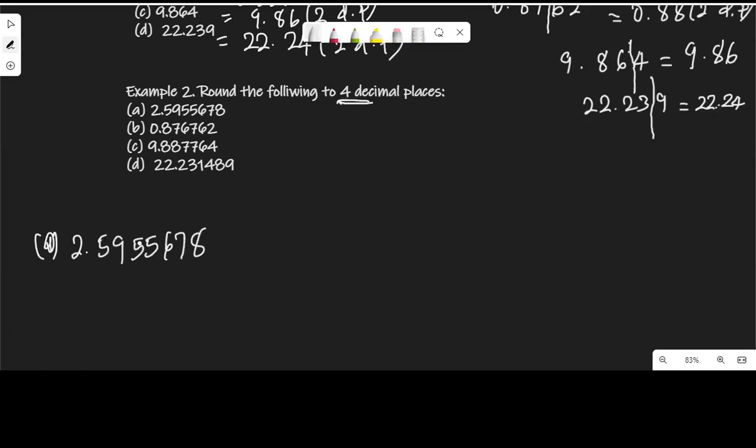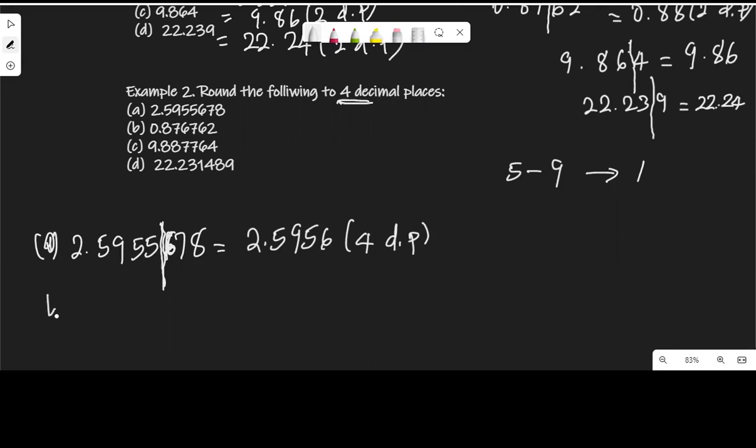This is 1, 2, 3, 4. So I use a line to demarcate that. The next number is 6, and 6 is in the range of 5 to 9. Numbers in this range round to 1. Then we add that 1 to the next digit here, which is 5. 1 plus 5 is 6. So this number to 4 decimal places is 2.5956, in brackets 4 decimal places.